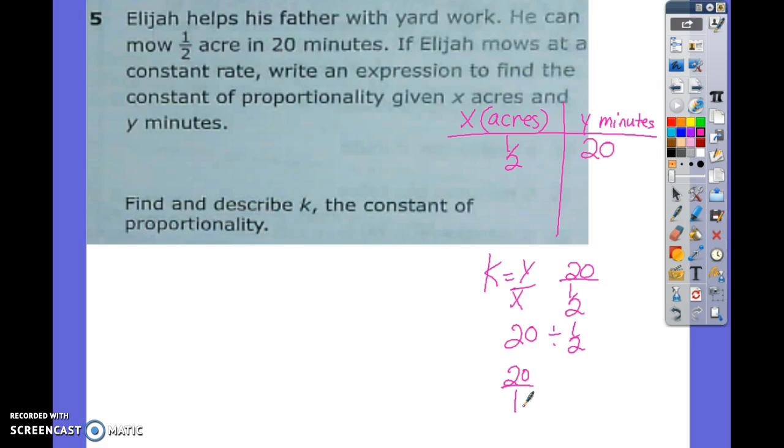So we keep the first fraction, change the division to multiplication, and use the reciprocal of the second fraction. We flip it, so it becomes 2 over 1. 20 times 2 is 40, and 1 times 1 is 1. So the answer is 40. It takes 40 minutes to mow 1 acre.